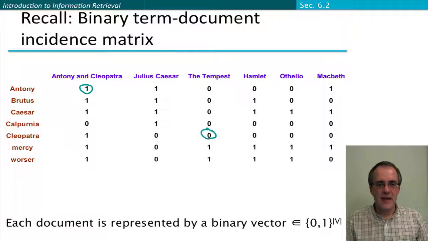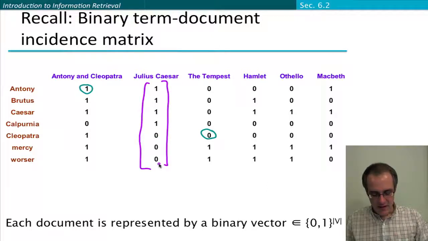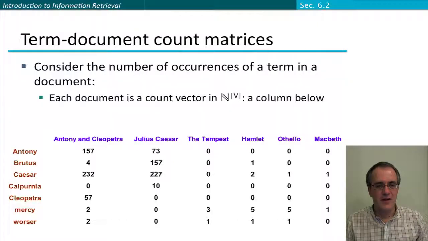If we then think about what the representation of each document is, what we have is a vector. It's a binary vector, where the dimensionality of the vector is the size of the vocabulary, and it's recording these 1s or 0s. But we don't have to limit ourselves to a binary vector like this. An obvious alternative is instead to move to a count vector.